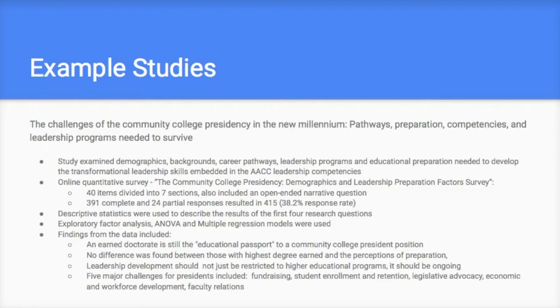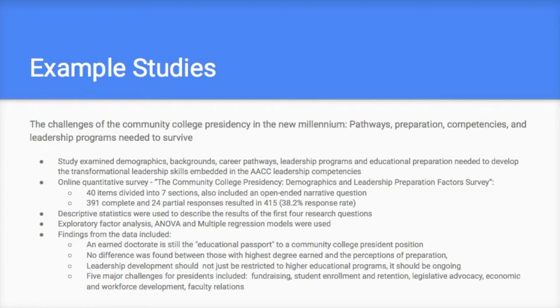Through descriptive statistics, exploratory factor analysis, ANOVA, and multiple regression models, the researcher found many different things from the data that was collected. Some include the fact that an earned doctorate degree is still seen as the educational passport to a community college presidency position.